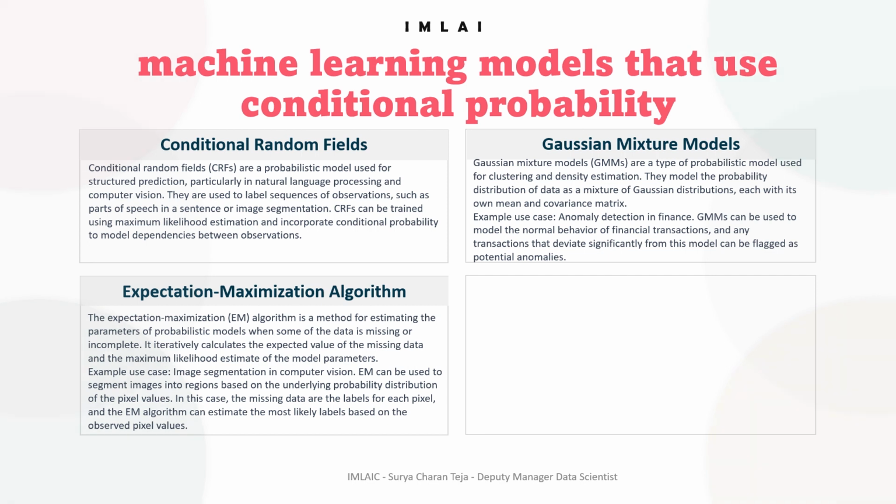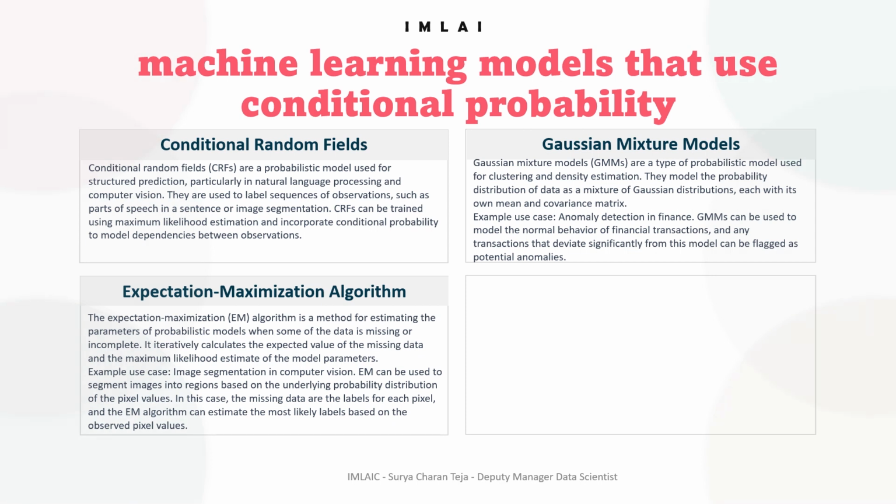The expectation maximization algorithm is a method for estimating the parameters of probabilistic models when some of the data is missing or incomplete. It iteratively calculates the expected value of the missing data and the maximum likelihood estimate of the model parameters.